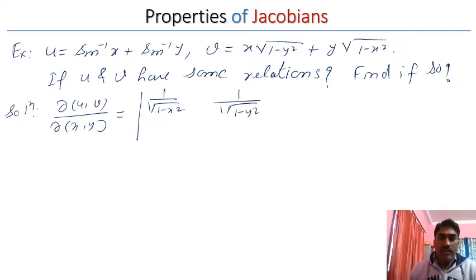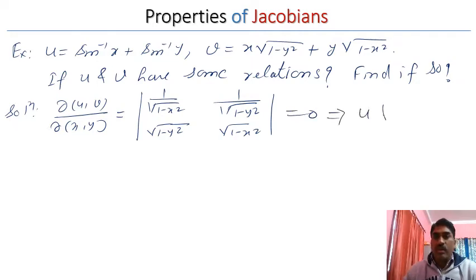And then when you find del v by del x, this is just 1 minus y square root of 1 minus x square, and the determinant is 0. And what does this imply? u and v are functionally dependent, meaning surely u and v have some relation. So now we will try to find the relationship.